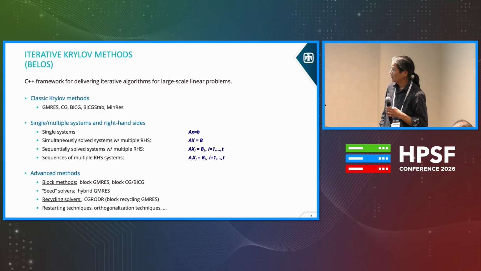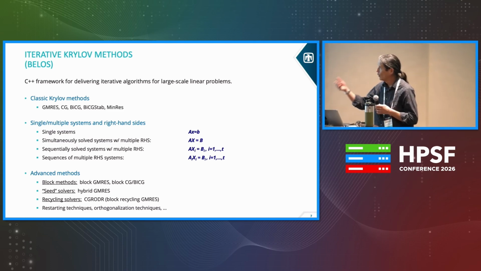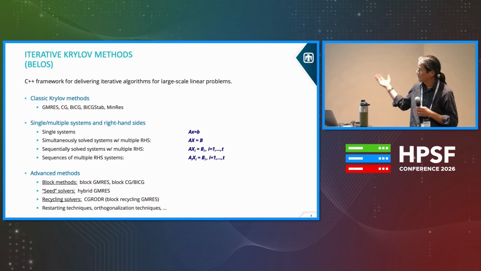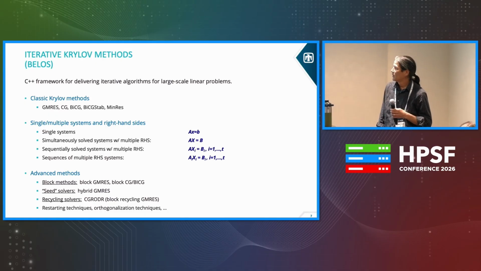Belos has a really nice capability in the sense that you can solve just standard linear systems, Ax equals b, with a single right-hand side, but it does support multivectors. You can also sequentially solve systems with multiple right-hand sides, and you can also handle block systems as well.